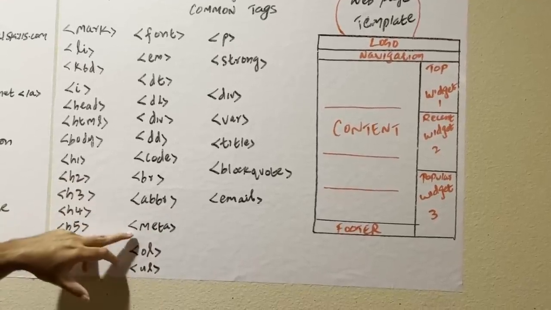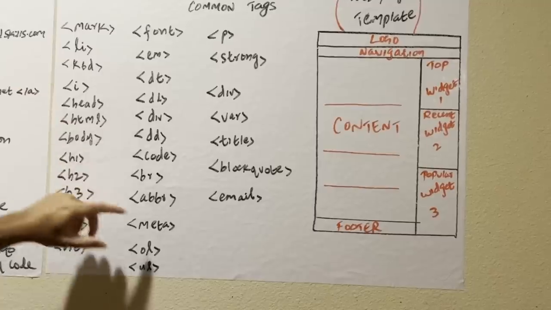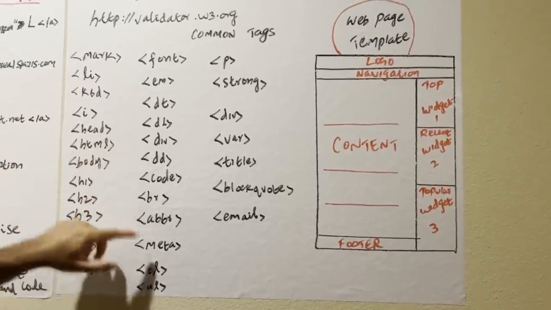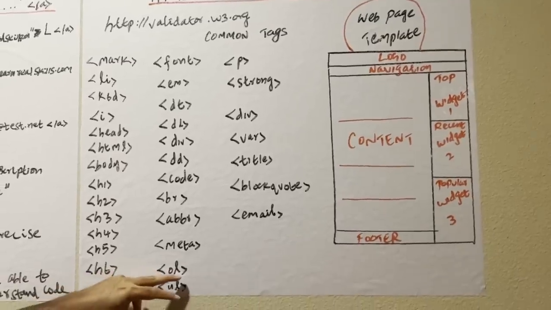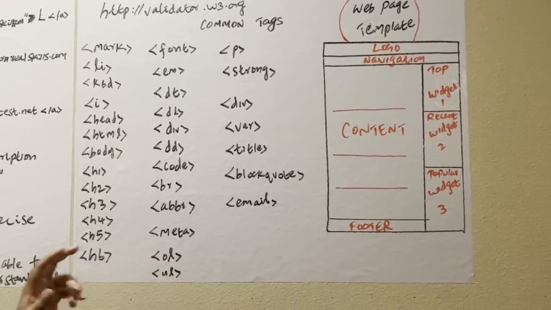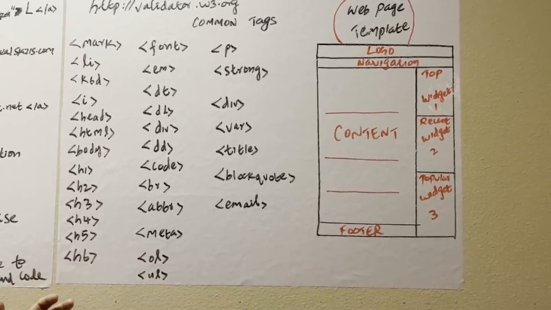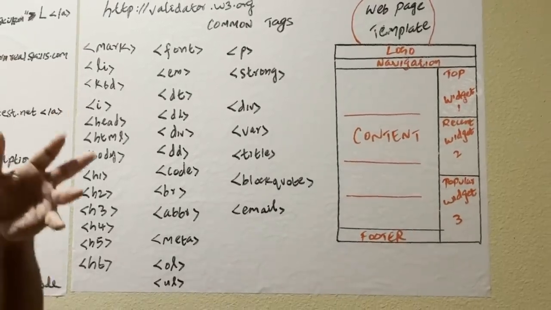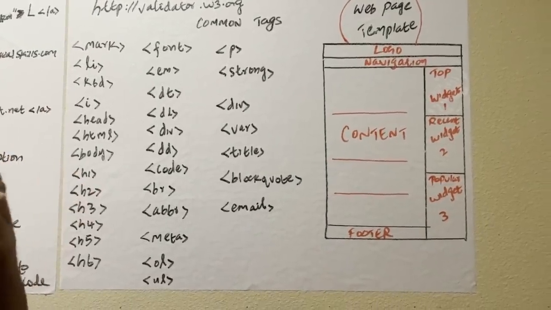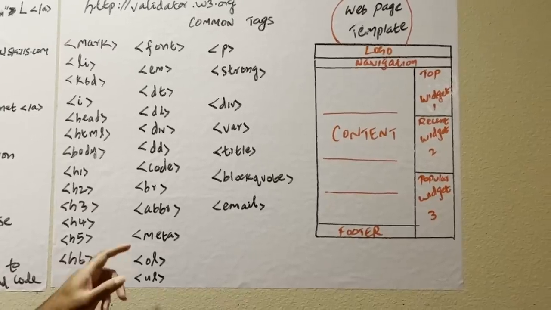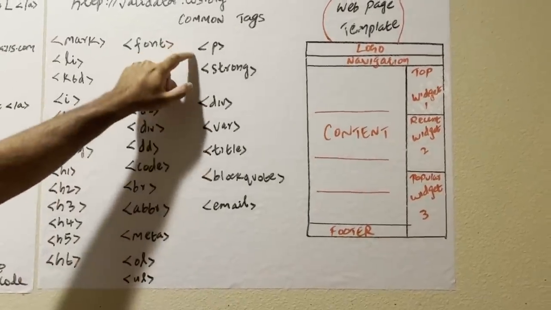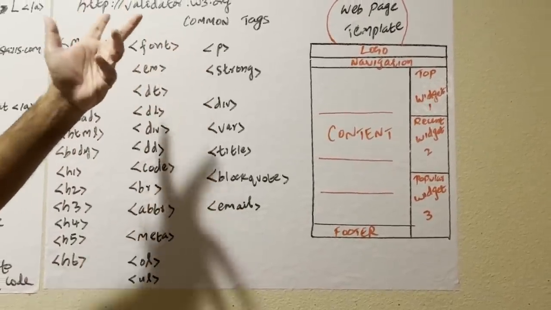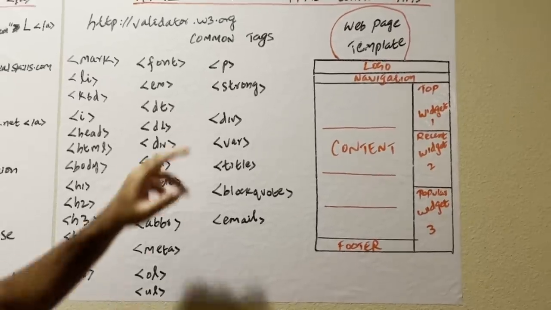Meta tag, meta has a description, and it comes under the header. OL is ordered list, and UL is unordered list. Check my previous HTML video where I explain how the list of items are displayed and how to program that. These are the tags used there. /p you must use in every program.